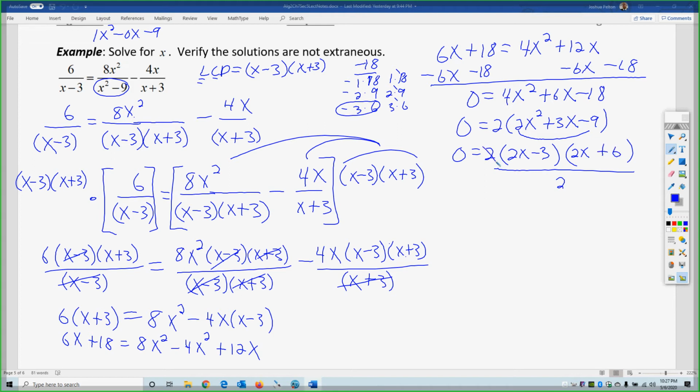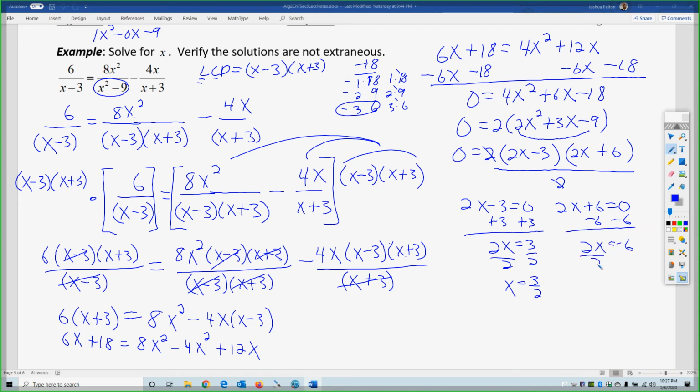All right, the 2's will cancel. So 2x minus 3 equals 0, and 2x plus 6 equals 0. So if I add 3, 2x equals 3, or x equals 3 halves. Minus 6, 2x equals negative 6, divide by 2, x is negative 3.